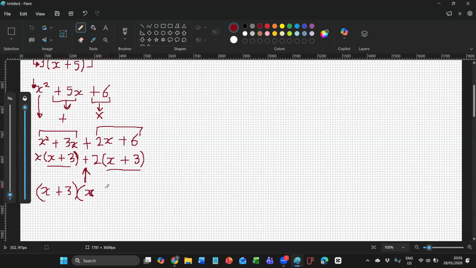Am I right? Same thing with 2 times x plus 3. The x plus 3 will cancel itself, leaving you with 2. So we have arrived where we got to again. This is the solution.